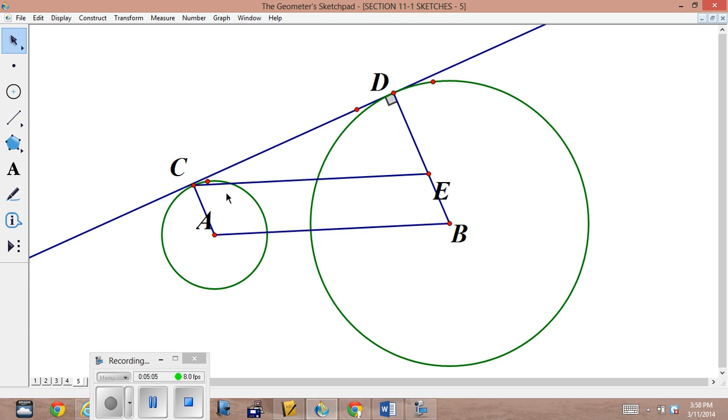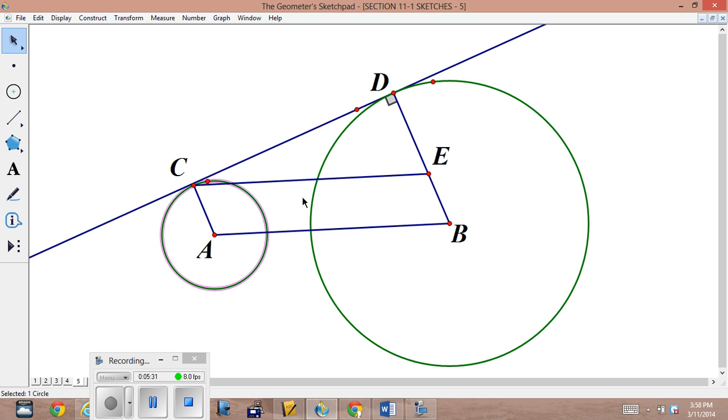So the hypotenuse is the distance between the two centers of the circles, because the right angle is here. What's the length of DE? DE is the large circle radius minus AC, the small circle radius, because AC is going to be the same length as ED, because these segments are going to be parallel.